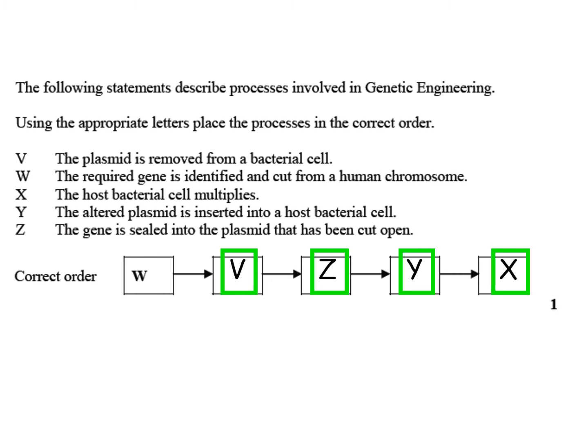The plasmid is removed from the bacteria cell. The gene is sealed into the plasmids. The altered plasmid is put back into the bacterial host cell. And what you want is your new bacteria cell to multiply, making many copies of your protein.